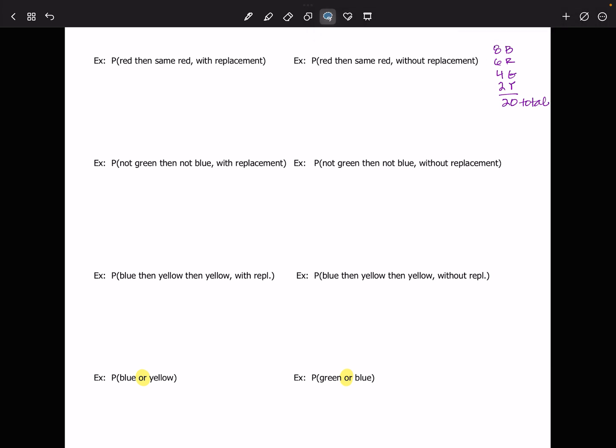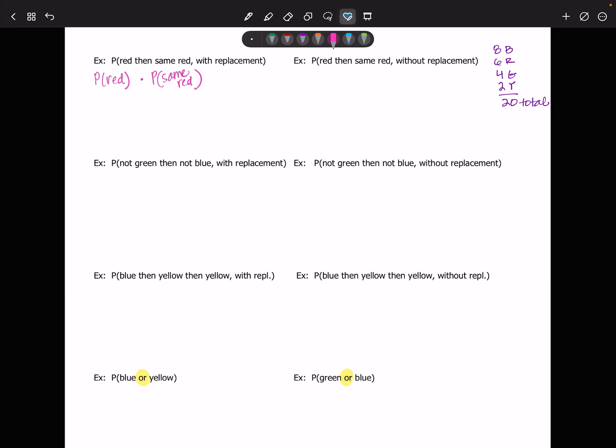So there's 6 red marbles, and we would number them 1, 2, 3, 4, 5, 6. So if I pick a red marble and it's got a number 4 on it, I put it back and I want to pick that same exact marble. So the probability of a red and then the probability of the same red with replacement.